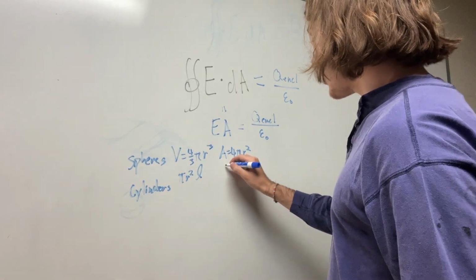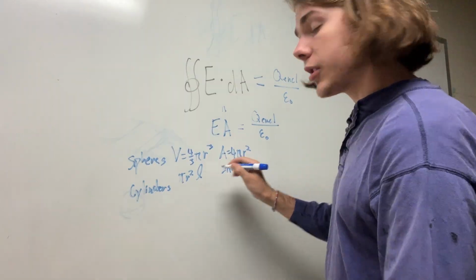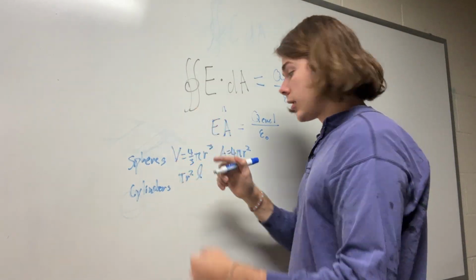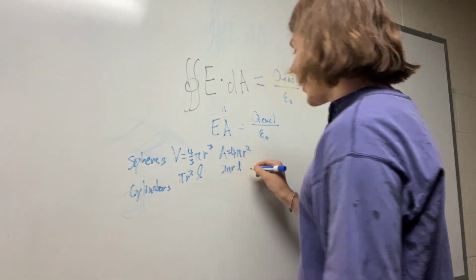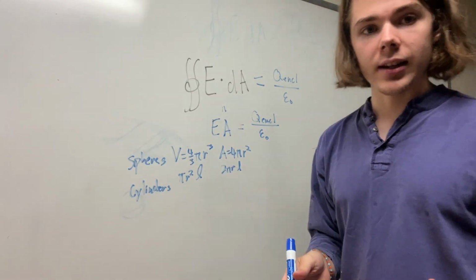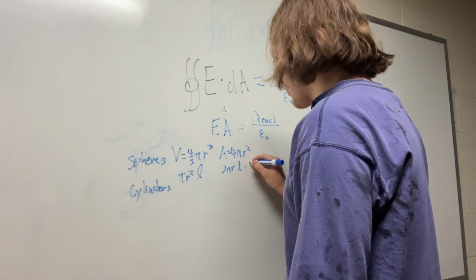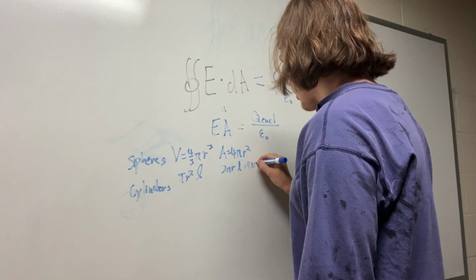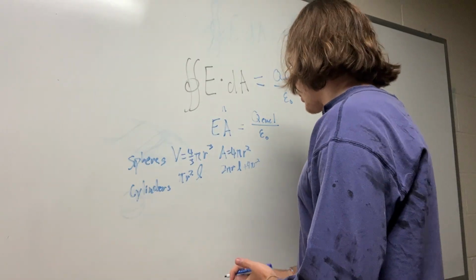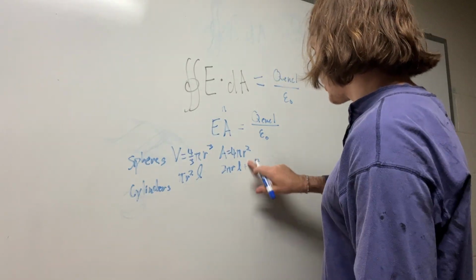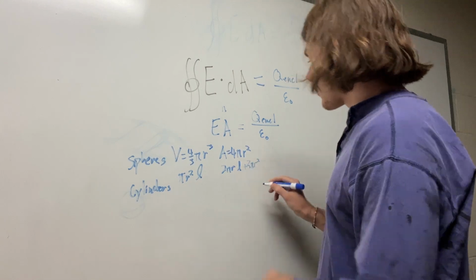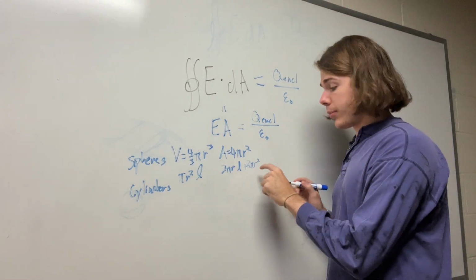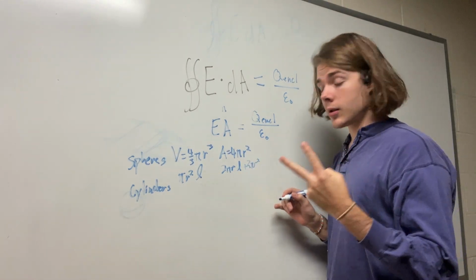And area is going to be 2 pi r, so that's the circumference, times L. And then technically we have end caps, so then you add, no, you add 2 pi r squared, where pi r squared is the end cap, and you have two end caps.